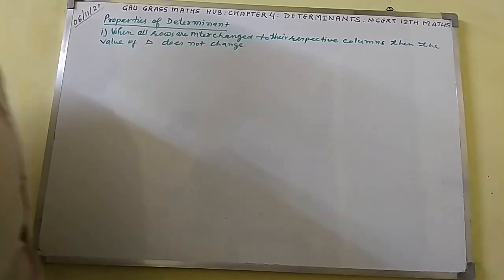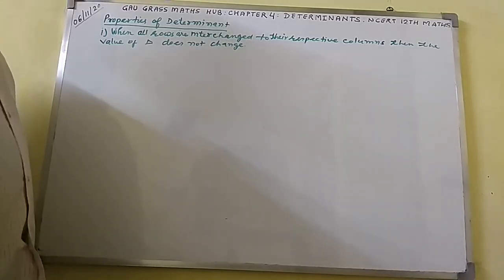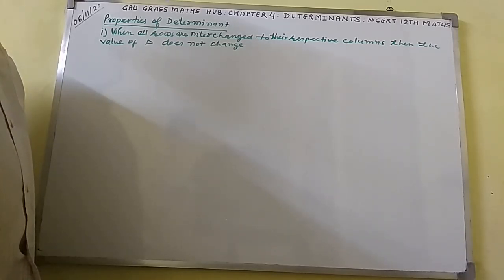Here I have written property number 1. When all rows are interchanged to their respective columns, the value of determinant does not change.